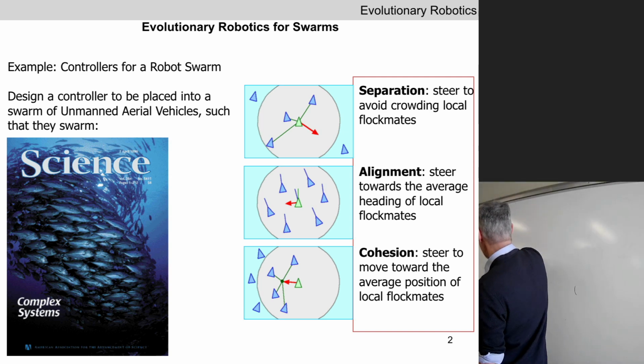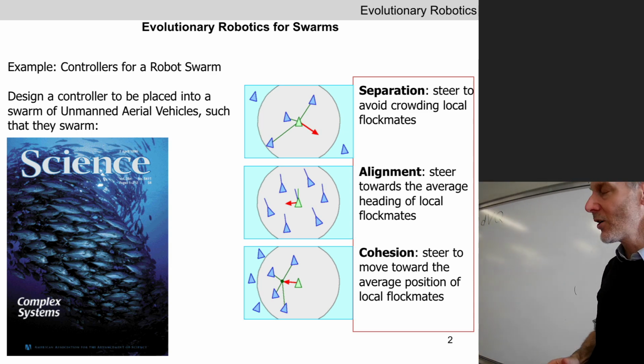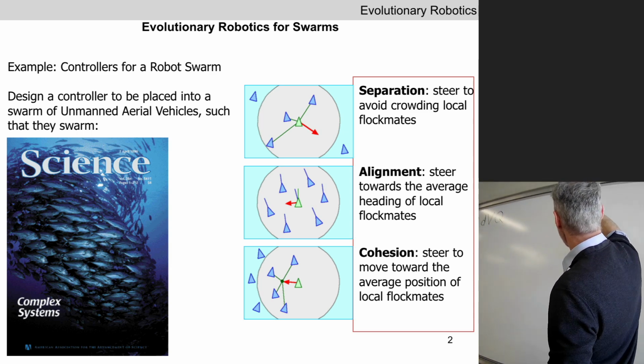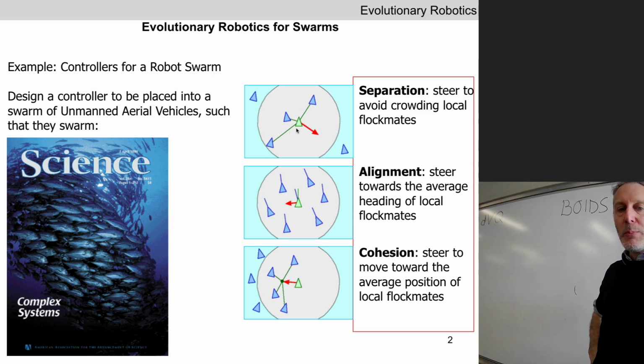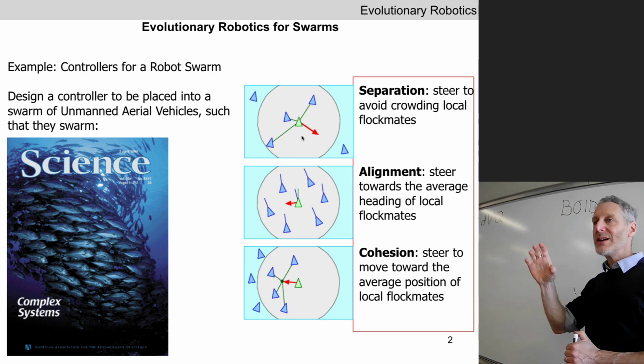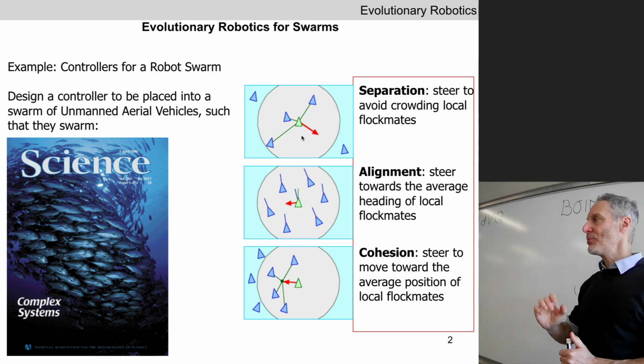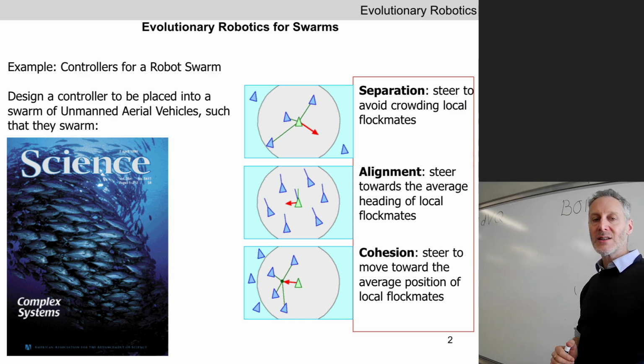So I'm going to introduce you to the original Boid algorithm. These are the Boids. Each individual Boid, and we're going to talk about the green Boid in the center here, is going to execute 3 separate independent subroutines. They're called separation, alignment, and cohesion.